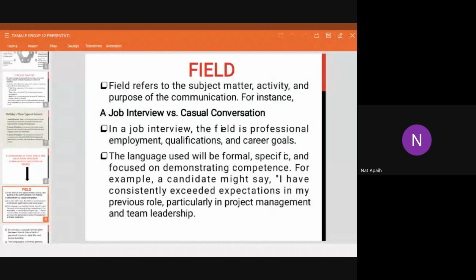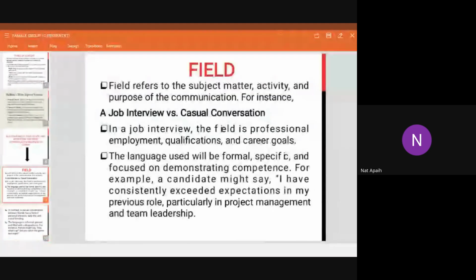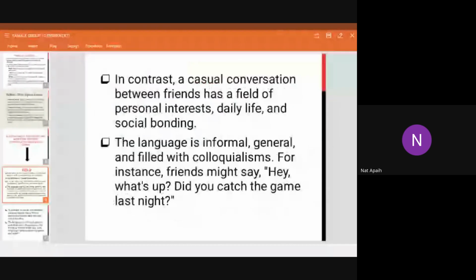Let's look at some examples here. But in contrast, the casual conversation between friends has a field of personal interest, daily life, and social bonding. So you realize that the language that we use in this context will be different from the language that we use in a job interview.